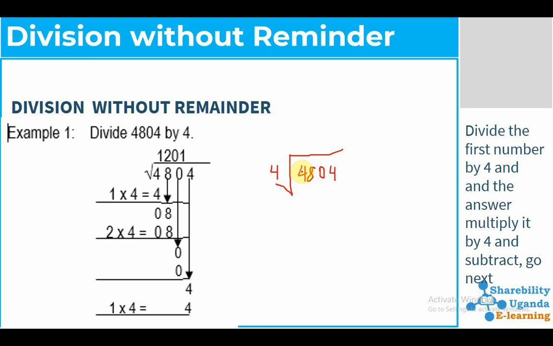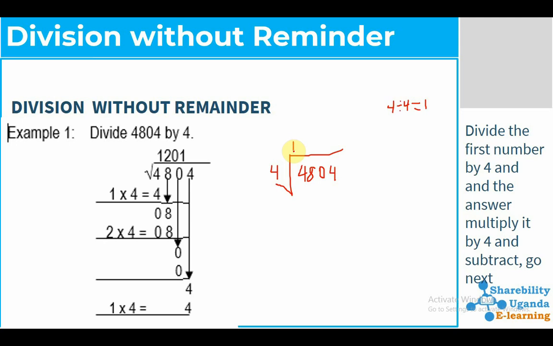We say 4 divided by 4. Let me write it for you so you can trace how we get it. 4 divided by 4, the answer is 1.